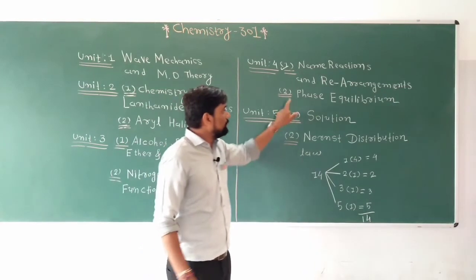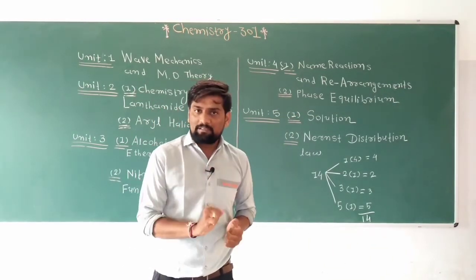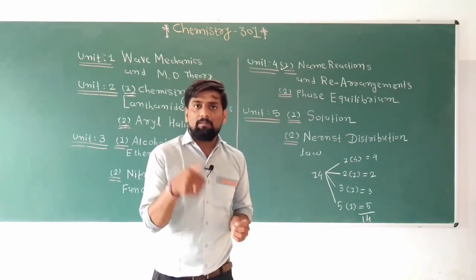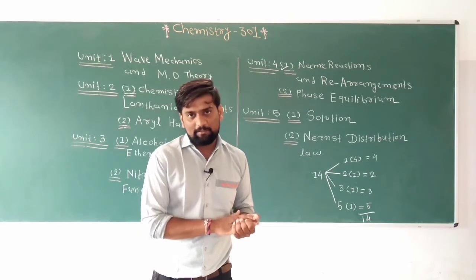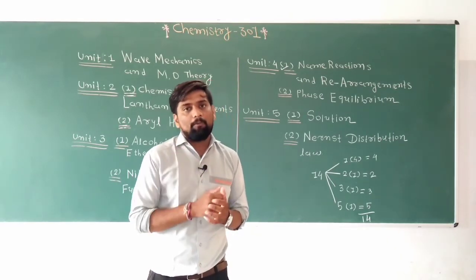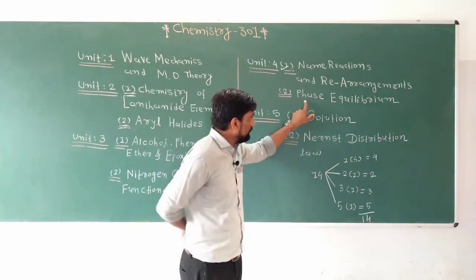Then chapter number 2 is phase equilibrium. In phase equilibrium we learn about the phase diagram, the phase diagram for one component systems like the water system and sulfur system, and then the phase diagram for the 2 component system. So all of these things we learn in phase equilibrium.